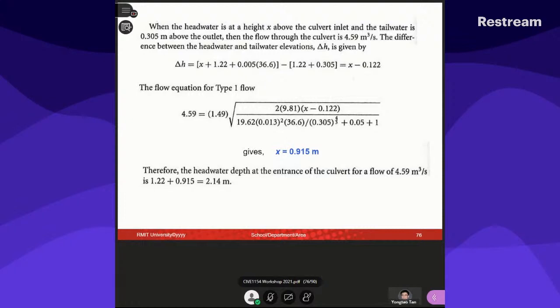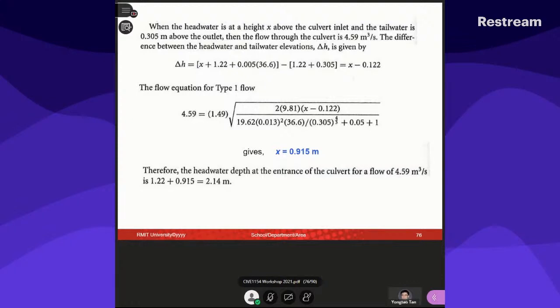So what is the head water? We can assume that the head water acts above the culvert inlet, and the tail water is 0.305 above the outlet. So firstly we can get the head change using type 1. So we can find the head change x, which is 0.915 meters.